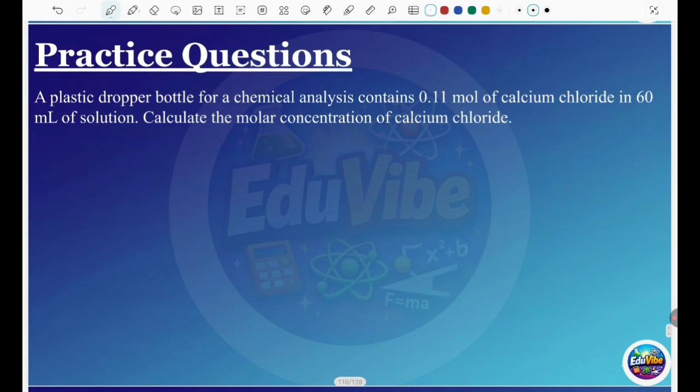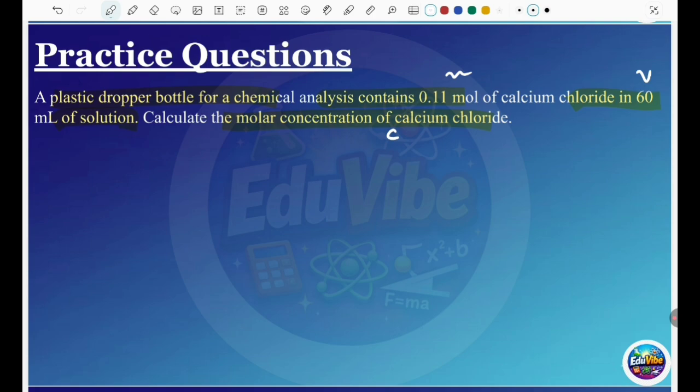Next question we have. The plastic copper bottle for a chemical analysis contains 0.11 mole of calcium chloride in 60 mL of solution. Calculate the molar concentration of the calcium chloride. You have n given and you have volume given. You want to find the C. So this is a simple kind of question.